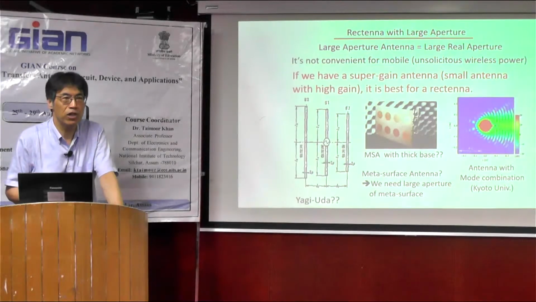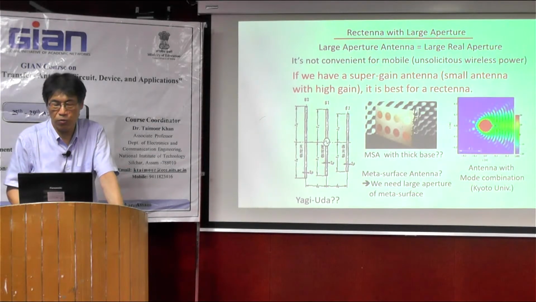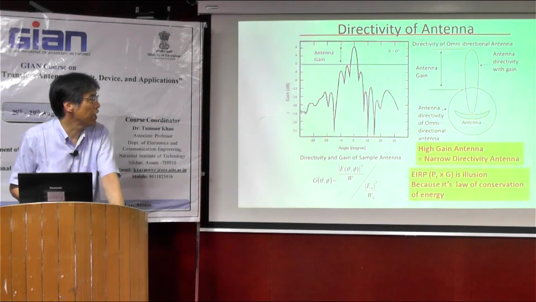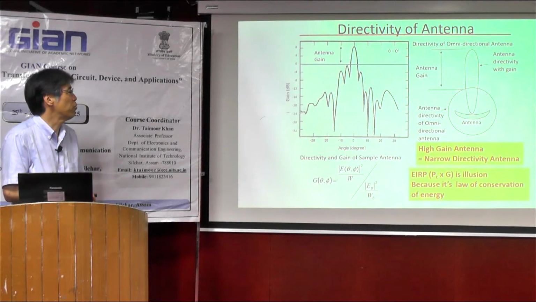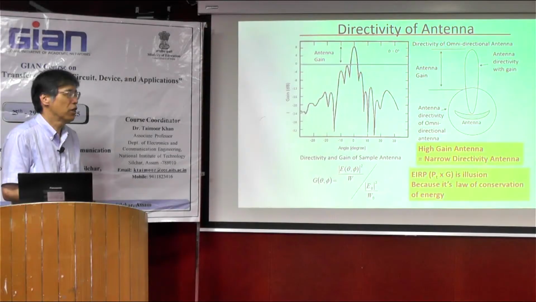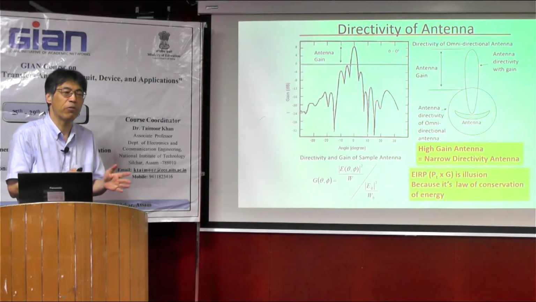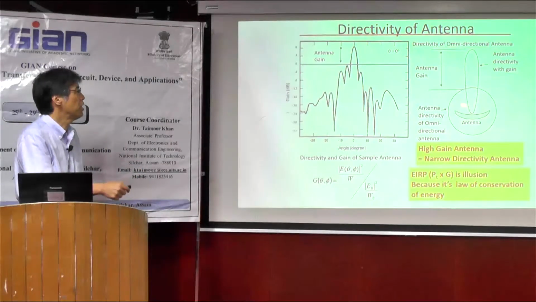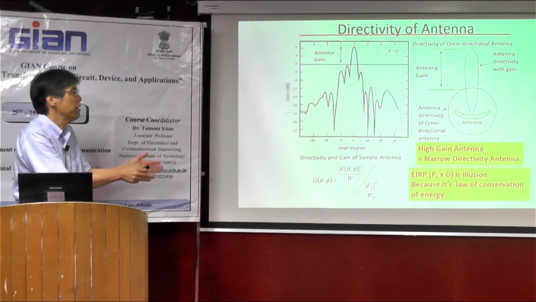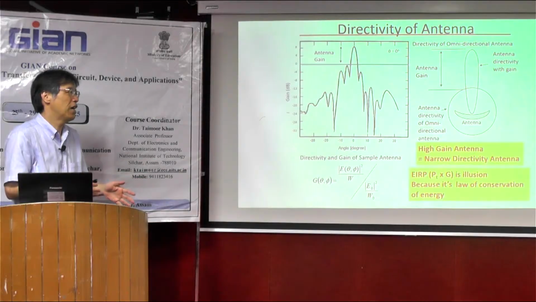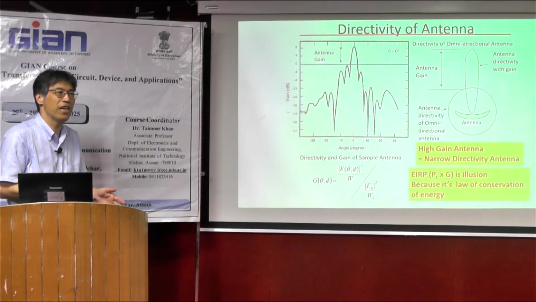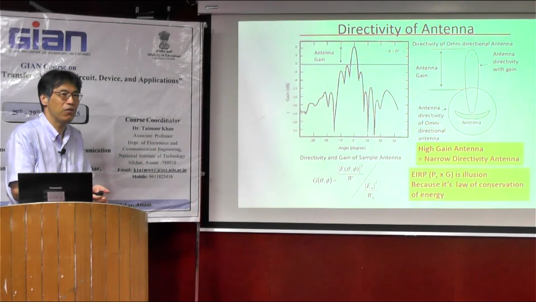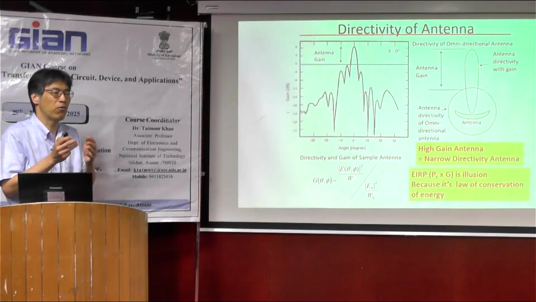And additionally, even if we have a super gain antenna, another problem occurs: directivity. As you know, if we have a high gain antenna, like a parabolic antenna, etc., it means directivity becomes very narrow. Because, as I mentioned maybe the first day, power itself is the same from the transmitter.